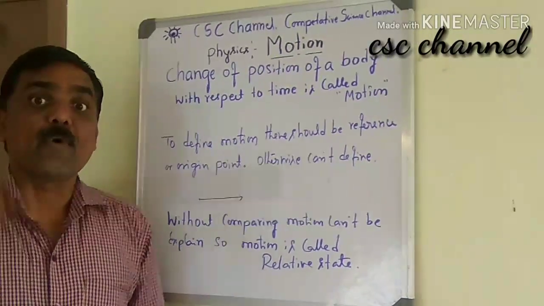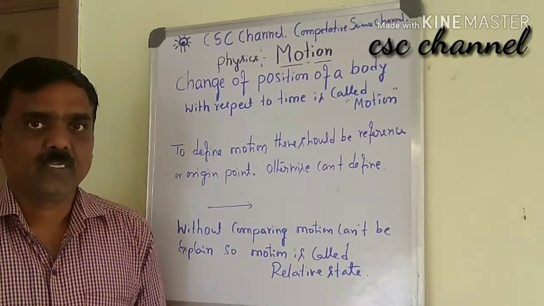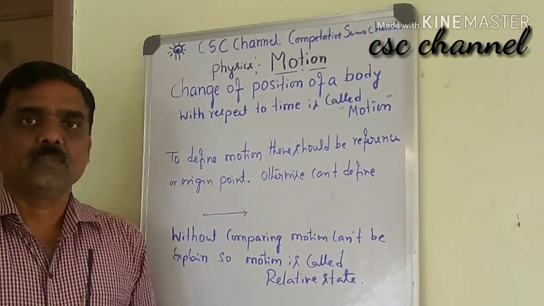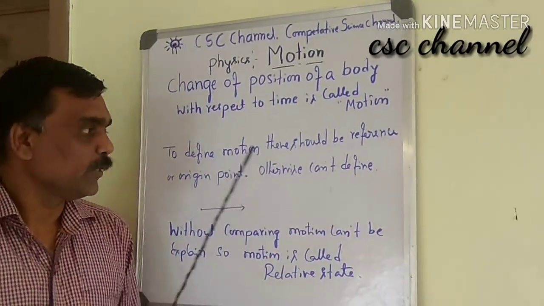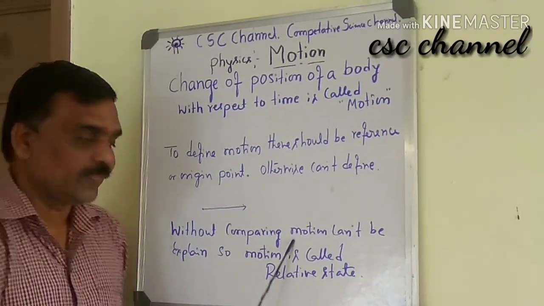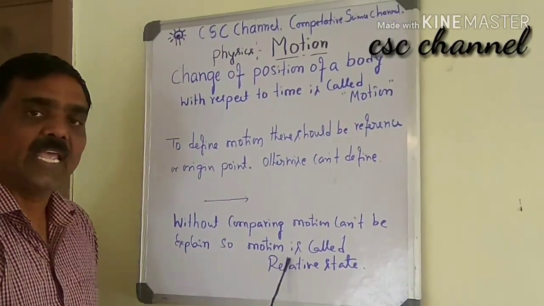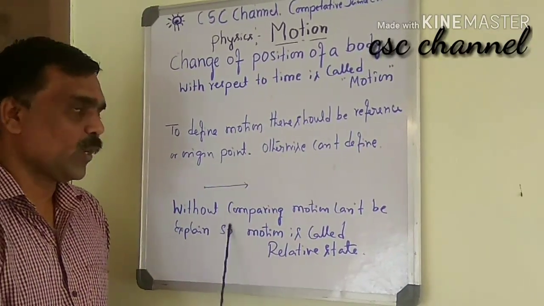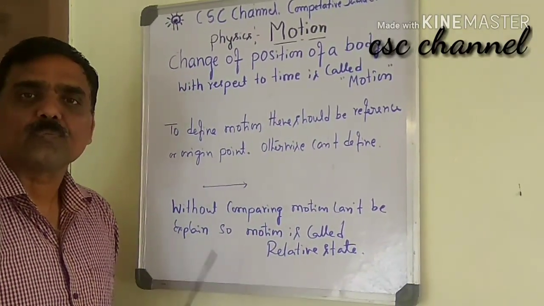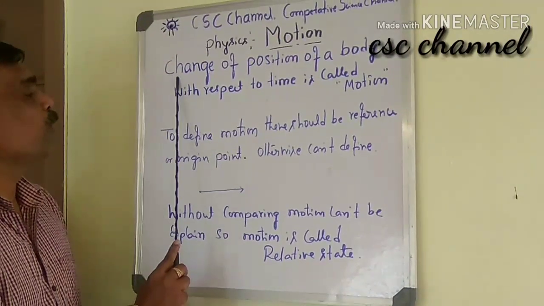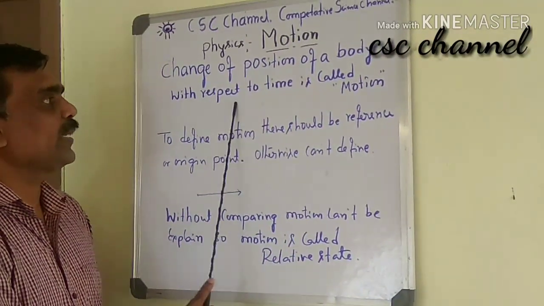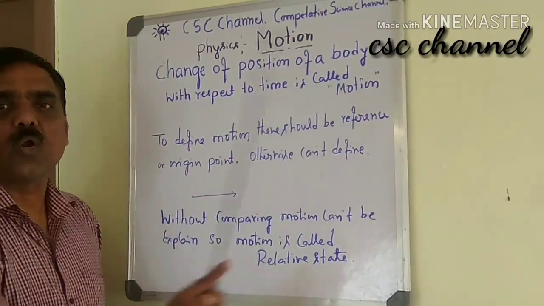When the earth is compared to other planets, that means when we are outside the earth, we can observe the movement of the earth. That's why motion is a relative state. I will repeat once again: change of position of a body with respect to time is called motion.